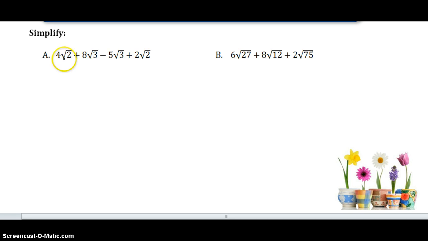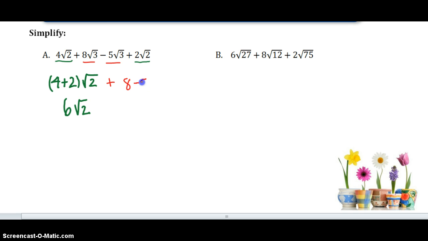Do we have any like terms? I see 4 radical 2, 2 radical 2, and then I see a square root of 3 and a square root of 3. So let's combine our 4 radical 2 plus 2 radical 2, 4 plus 2, and those are both radical 2's. So that gives us a 6 radical 2. Then we have plus 8 radical 3 minus 5.